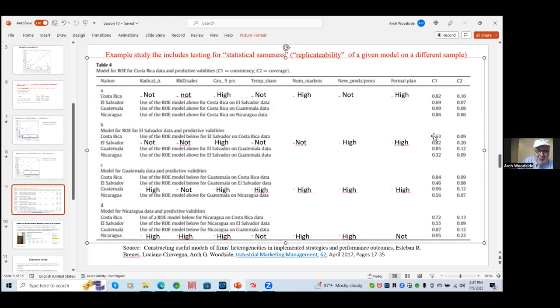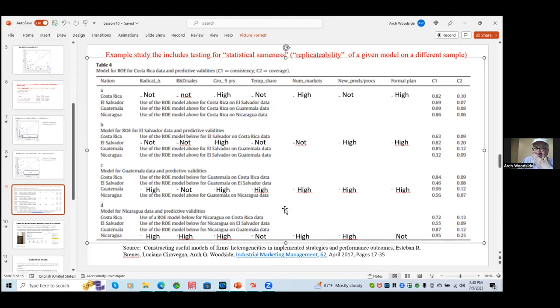And then the third one is the model for Guatemala, and that's a bit unique, and that works well in Costa Rica, but not in El Salvador and Nicaragua. And the last one is for Nicaragua model, and that works well in Guatemala, but not in Costa Rica and El Salvador.